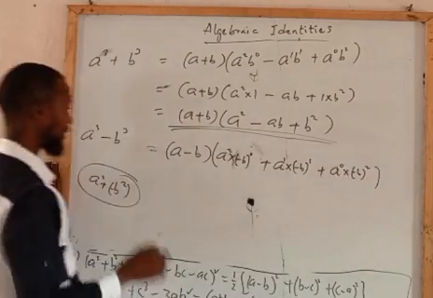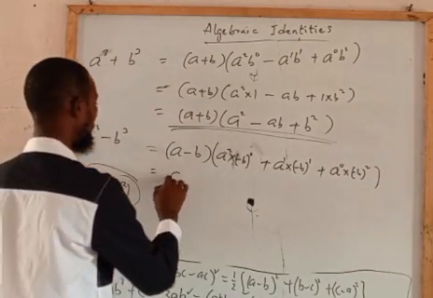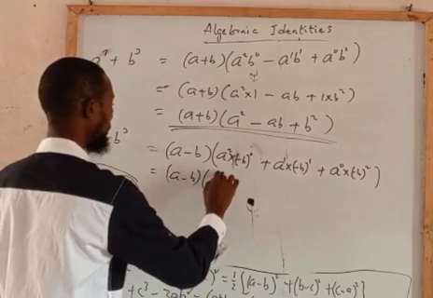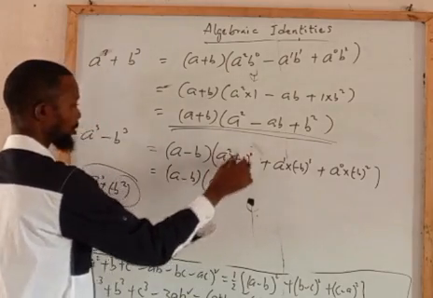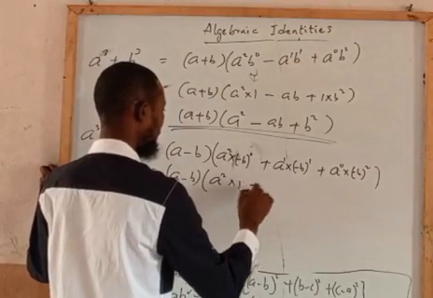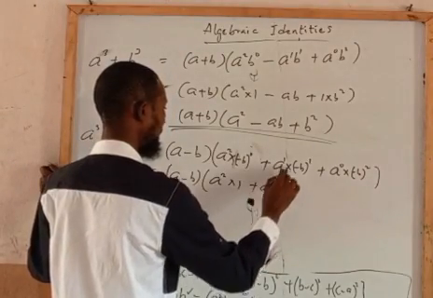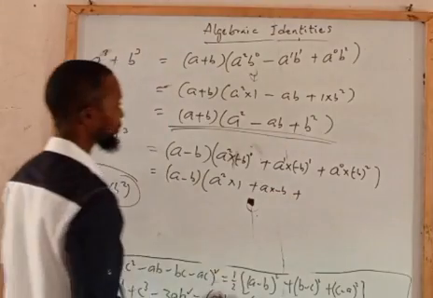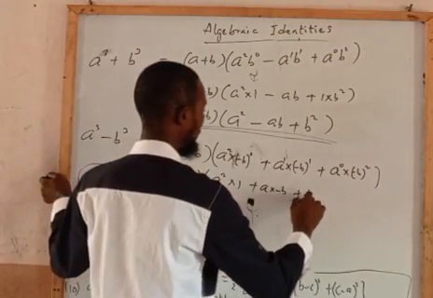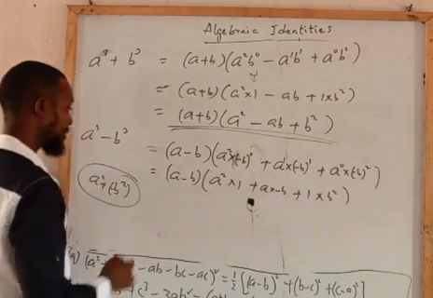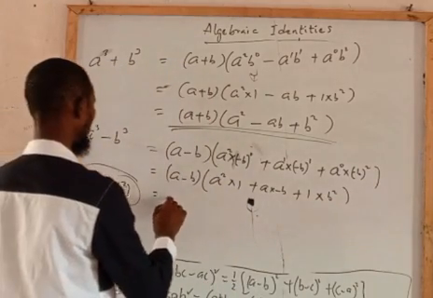So we simplify to get the final result. So which becomes A minus B into, this is A squared multiplied by anything raised to power 0 here is 1. Now, here I can still say plus A raised to power 1 is A, minus B raised to power 1 is minus B, then plus A raised to power 0 here is 1, minus B raised to power 2, that gives B squared, which becomes what?